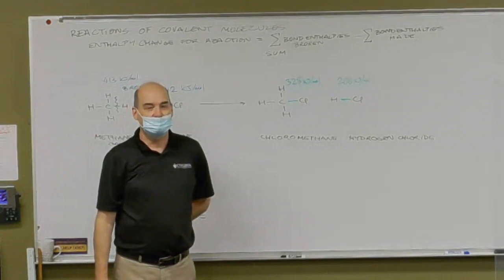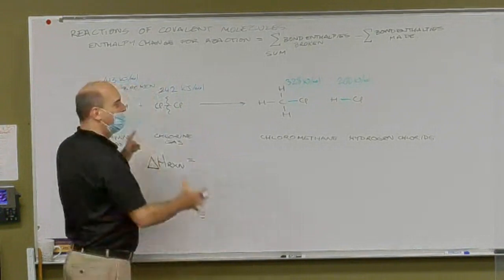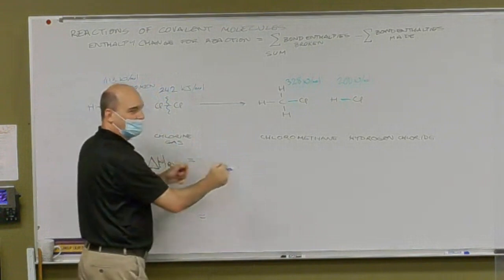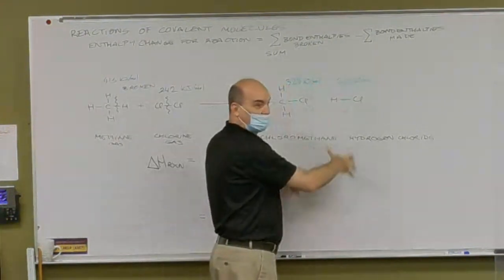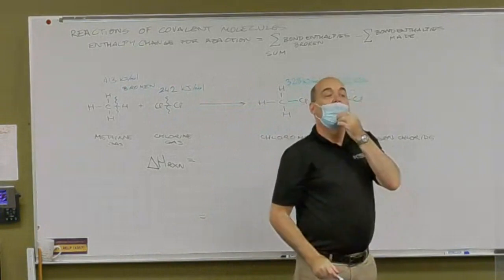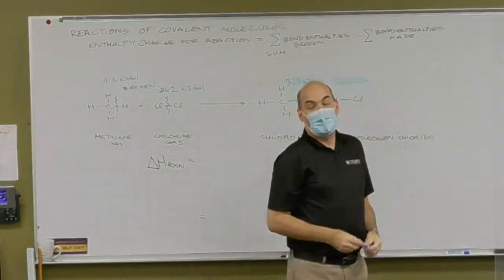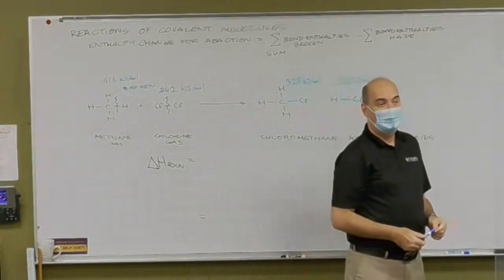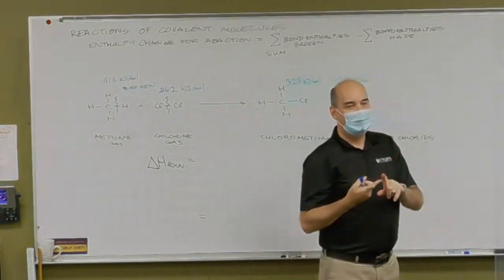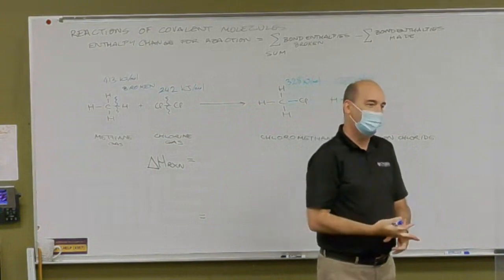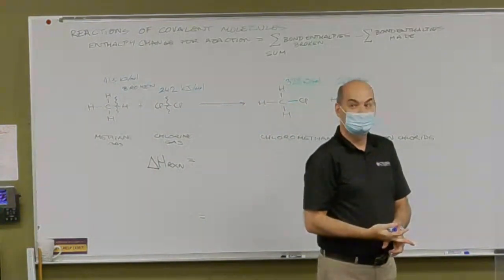This one is easier, because you can just slot the blue numbers where the blue numbers go and the green numbers where the green numbers go. The last time we did this, when we were looking at standard enthalpies of formation, giving us an enthalpy of reaction, we did enthalpies of products minus enthalpies of reactants.